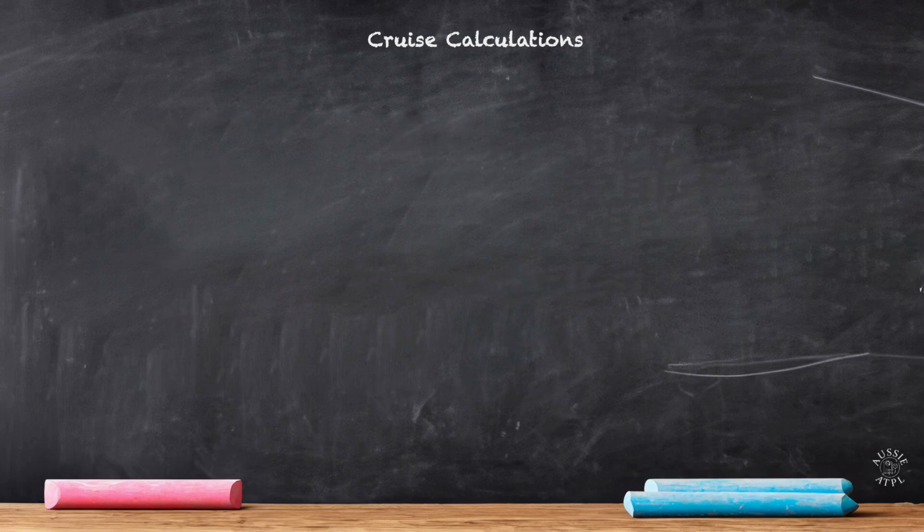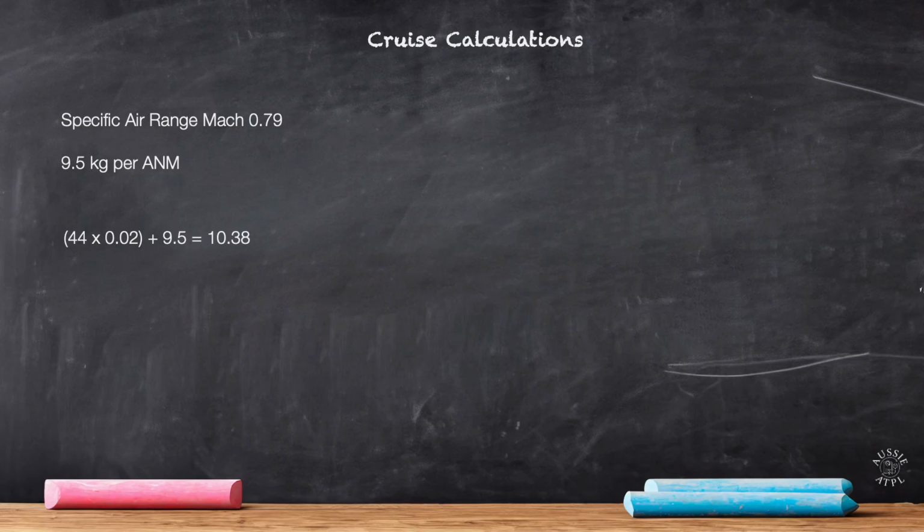So now that we've figured out how much time it will take us to travel our cruise segment, we must find how much fuel we're going to use in the cruise segment. To do that, we get back to our specific air range, 9.5 kilos per air nautical mile. We take 44, times it by 0.02, that's our wind there, and since it's a headwind, we add it on to 9.5, and that gives us 10.38, and that's kilos per ground nautical mile.